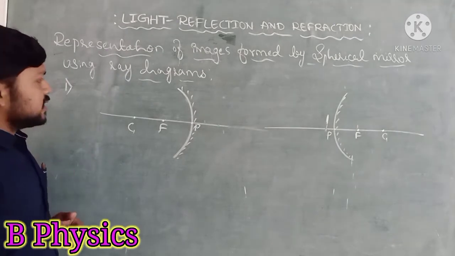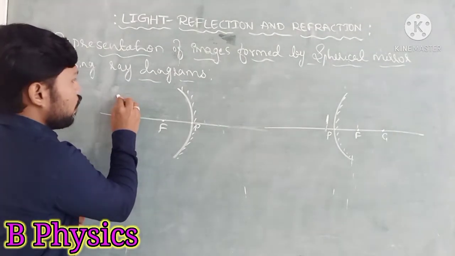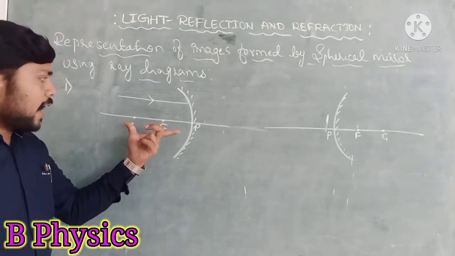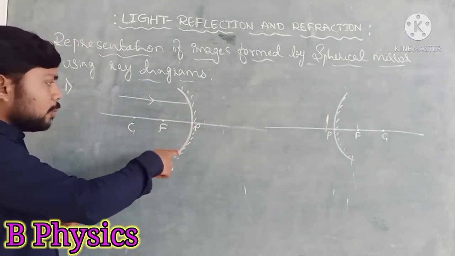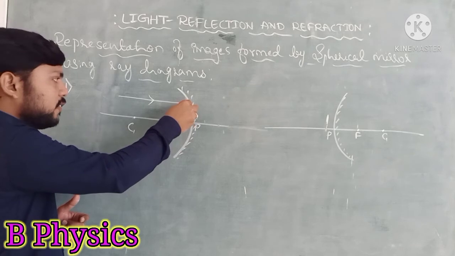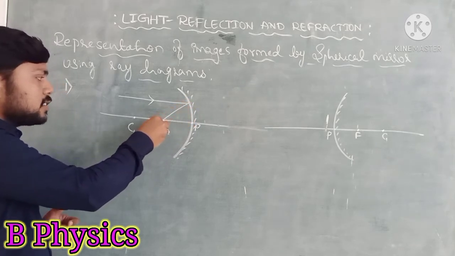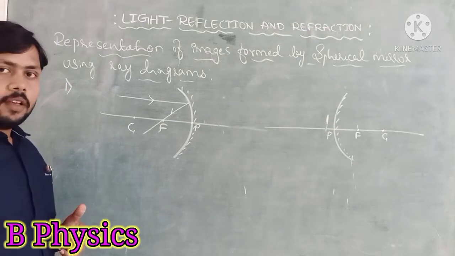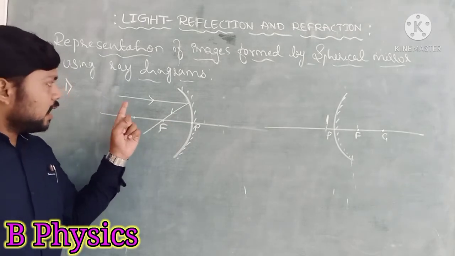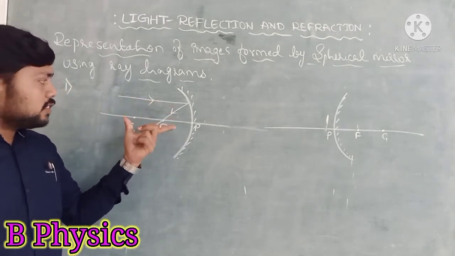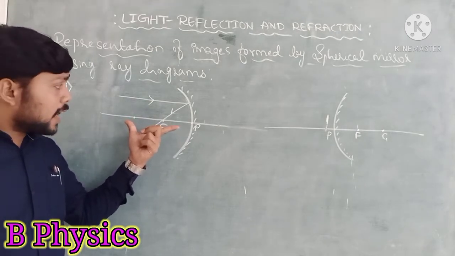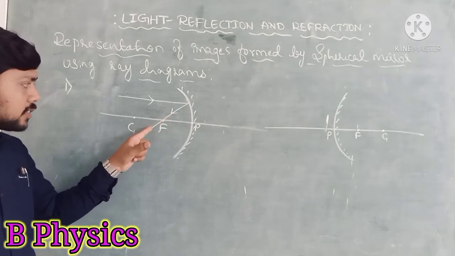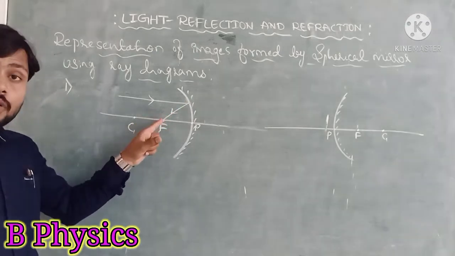The first rule says that a ray of light which is parallel to principal axis of concave mirror, after reflection passes through principal focus.